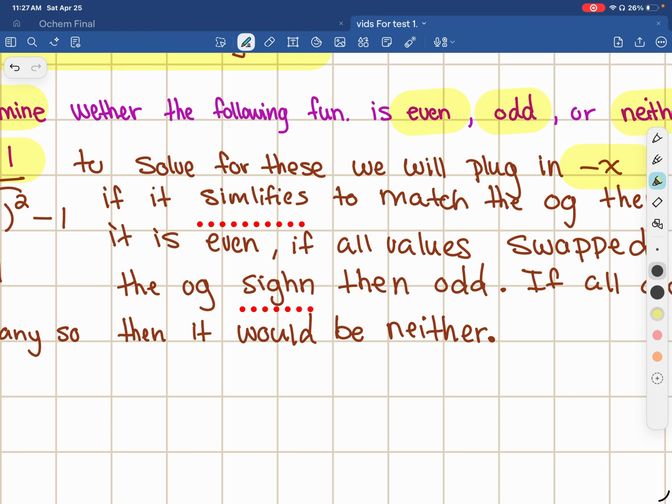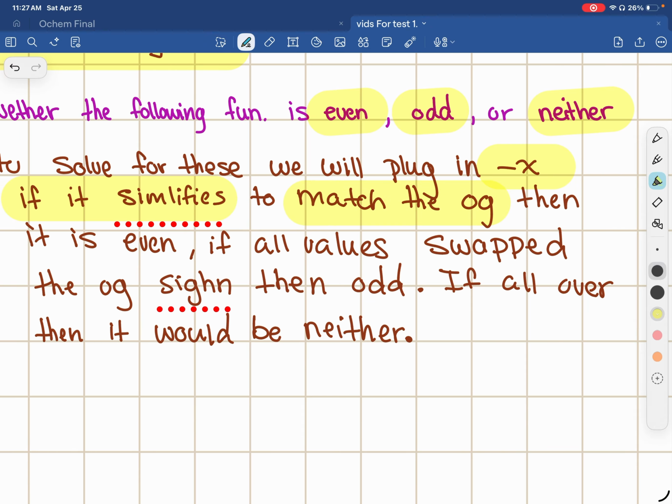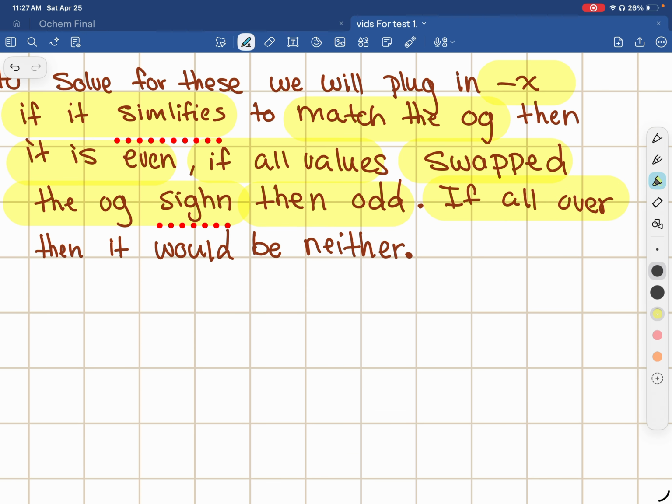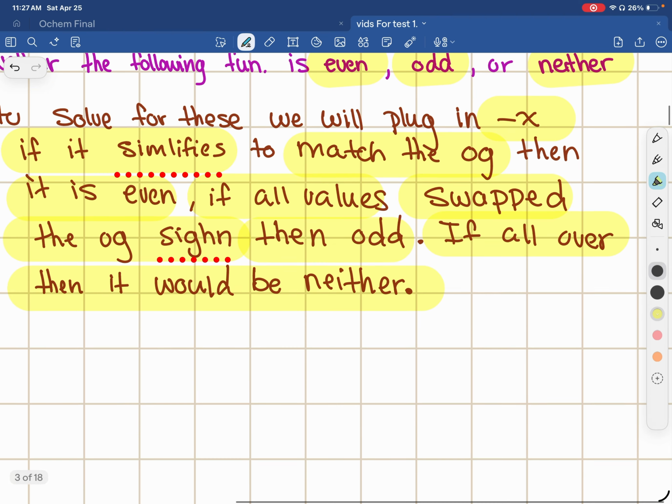If the whole problem after plugging in negative x simplifies and matches the original equation, then it is an even function. If all values swapped sign, so a positive value swapped to a negative value, or a negative value swapped to a positive value, then it is odd. If it's all over, then it would be neither.